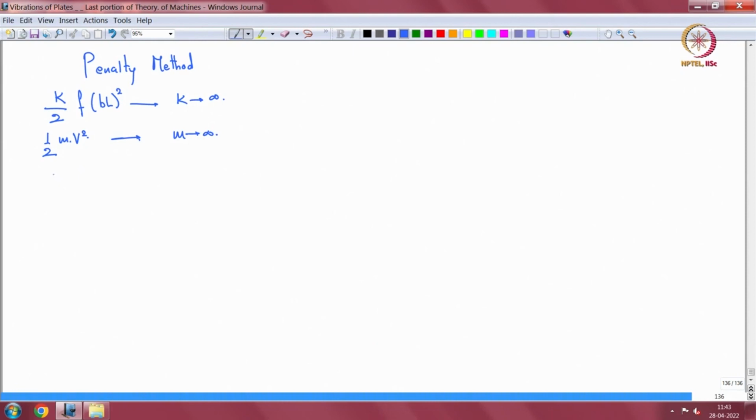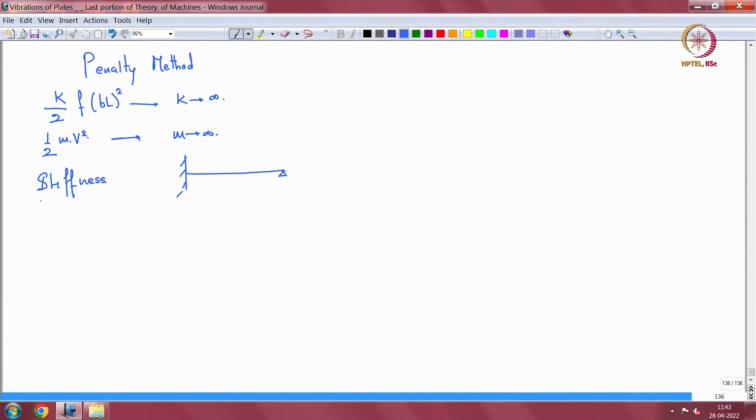Now, say you implement it using a stiffness. In particular, I have a cantilever beam, let us say, and I want to put a zero displacement support at the end.